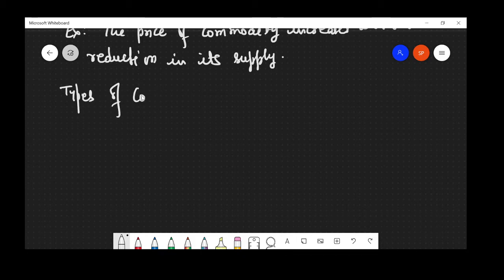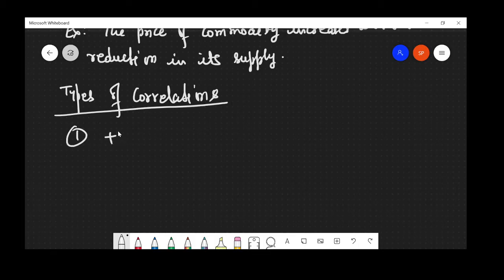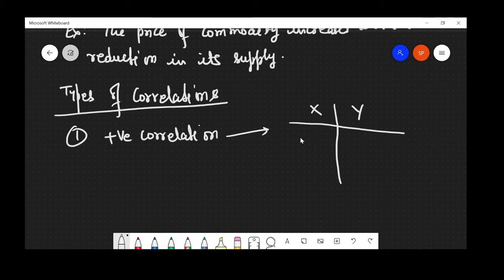Types of correlations. The first one is positive correlation. Suppose we take X and Y, two random variables.